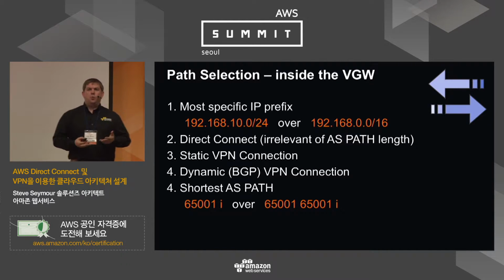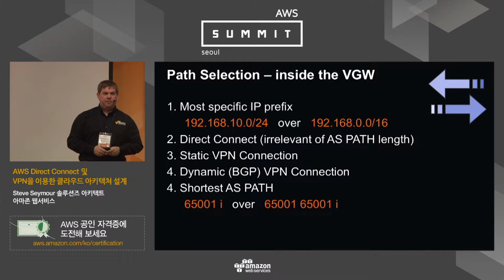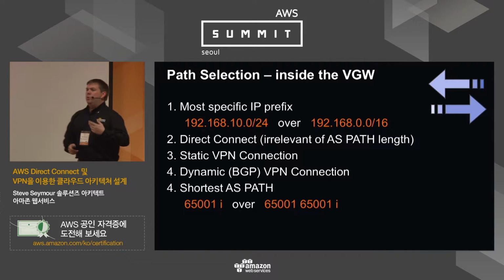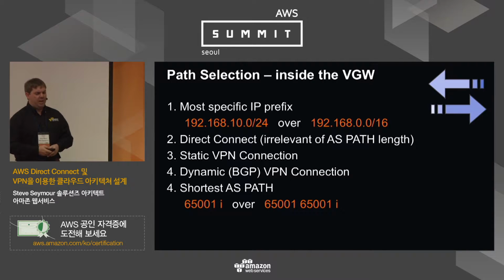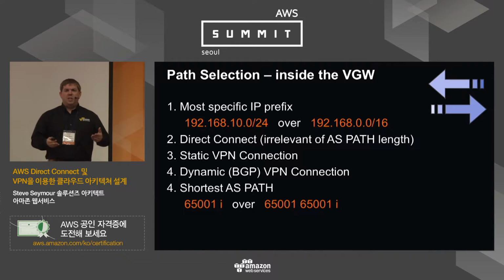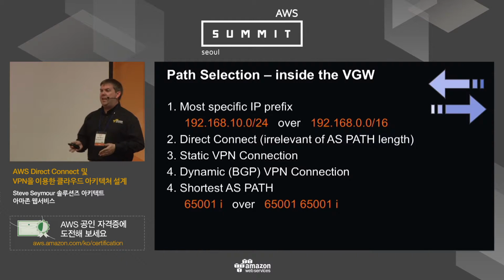Now, inside the virtual gateway, if we have multiple ways of connecting to your network, we will need to decide which one to use. This is the path selection process that we have. So first of all, we will always choose the most specific prefix, also known as longest prefix match. Assuming that we have multiple paths to the same prefix, the next thing we do is we will choose Direct Connect.